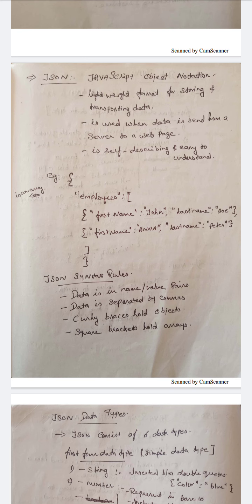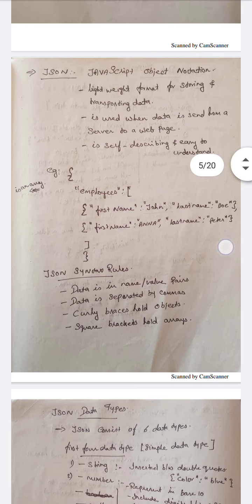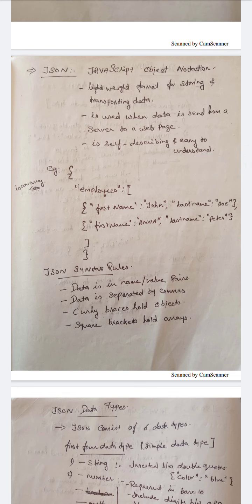Inside the square bracket there are different array values, and the first array value is inside the first curly bracket, separated by a comma. You can see that after employee colon, a square bracket is started, and thereafter a curly bracket that consists of certain key value pairs.